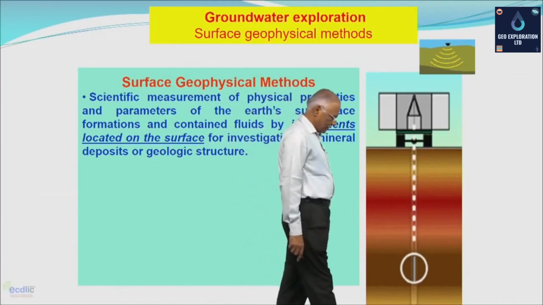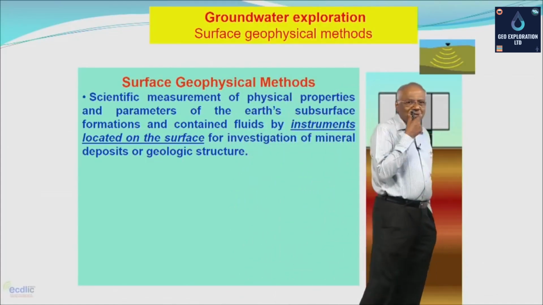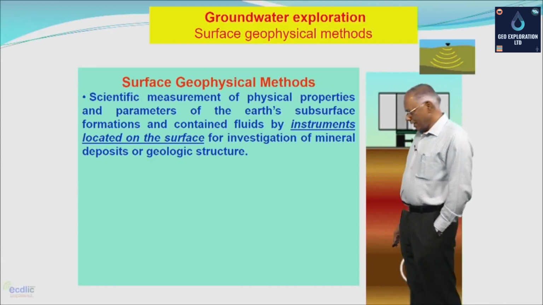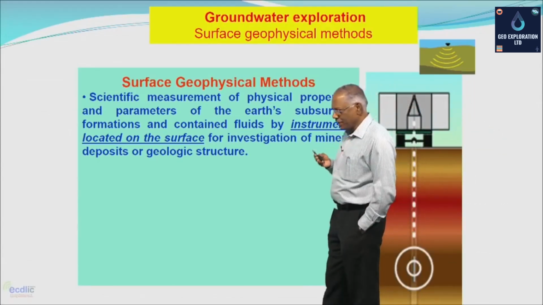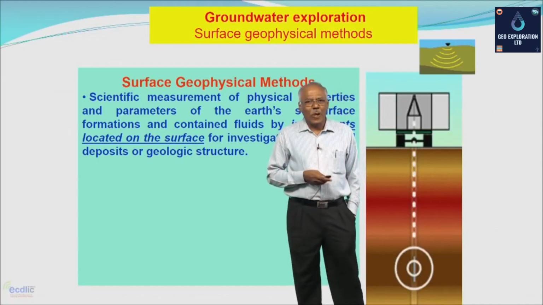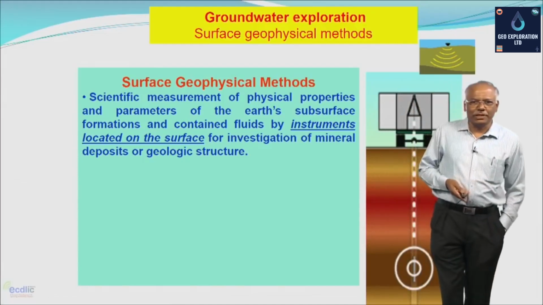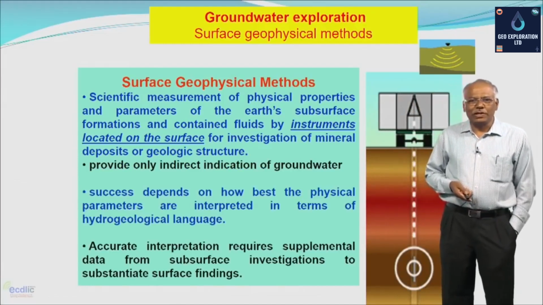As far as groundwater exploration is concerned, we have the electrical resistivity technique, which is a geophysical technique applied at the surface, and therefore surface geophysical method is also a term that is used.